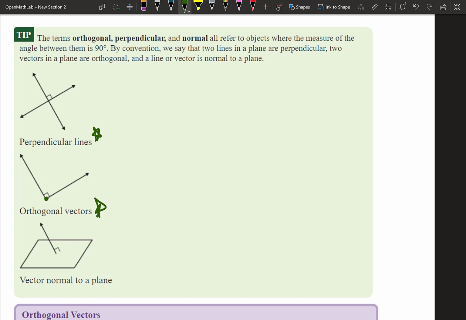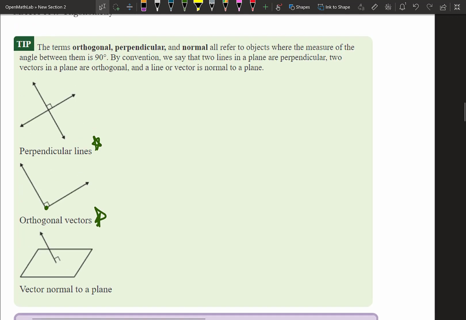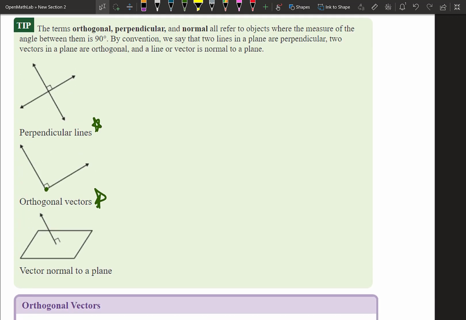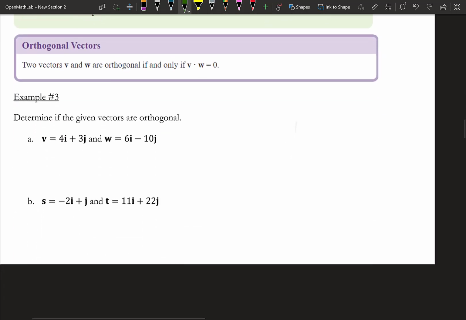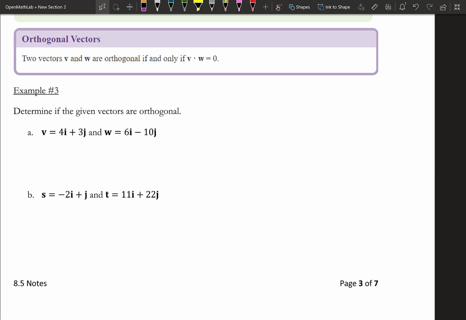So their initial points are together, right, and they make a 90-degree angle in between. And then lastly, if we have a vector and a plane, so if the vector makes a 90-degree angle to the plane, so like a plane's like an infinite sheet of paper, right? We call that normal, right? The vector's normal to the plane, right?